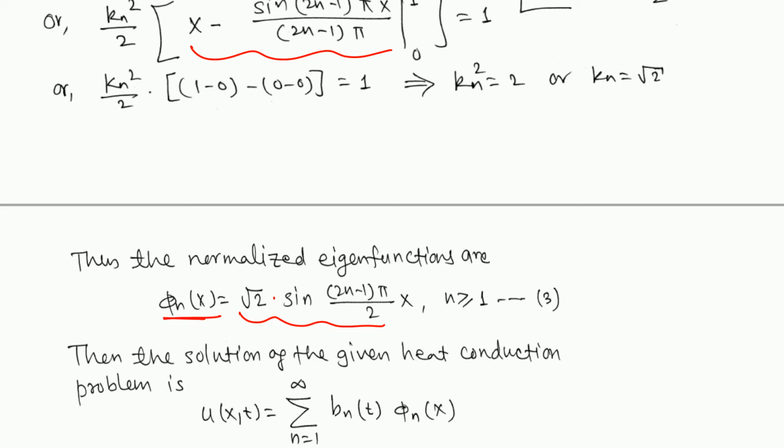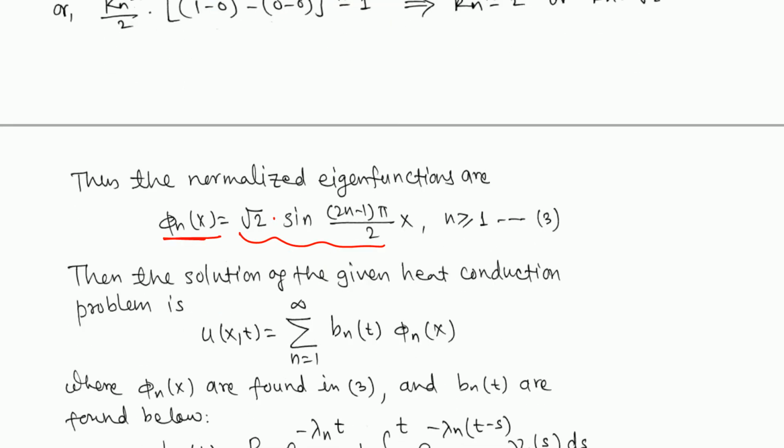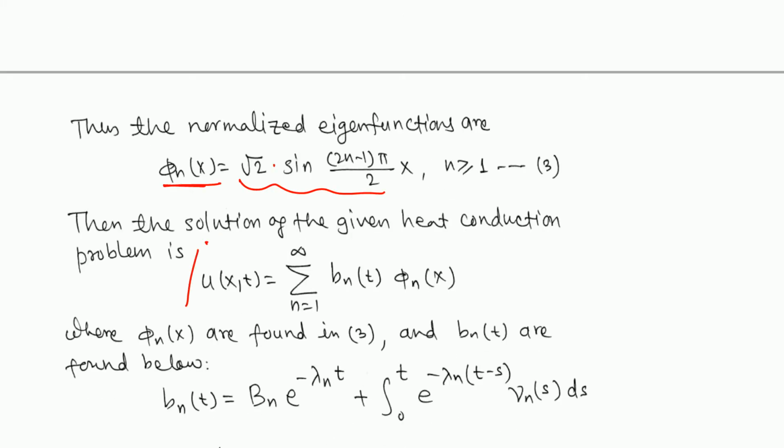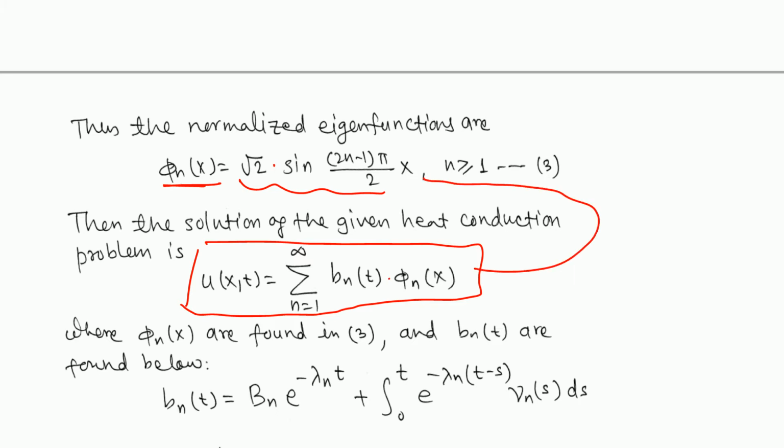Then by the formula, the solution of the given heat conduction problem is this series: u(x,t) equals the sum of b_n times phi_n(x), where phi_n are the normalized eigenfunctions that we found earlier.